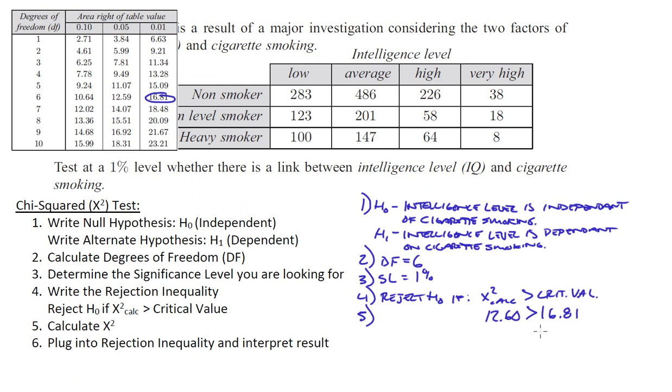Okay, 12.60 is not greater than 16.81, so we are not going to reject H0, so that means we are going to accept H0, our null hypothesis. So that means that intelligence level is independent of cigarette smoking.